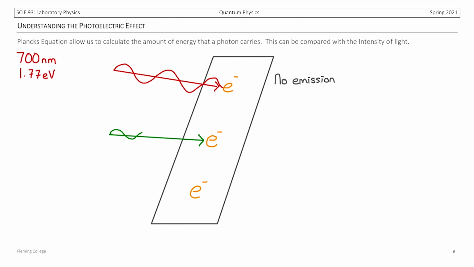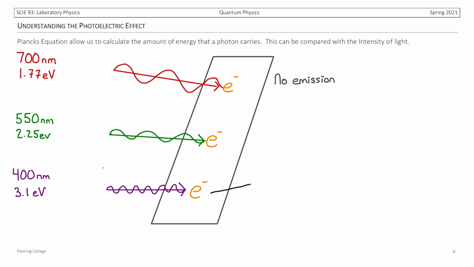But if we send light of other wavelengths, let's consider 550 nanometers and 400 nanometers, so green and violet, we do see electrons leave this particular material. But when those electrons leave the material, we're not seeing kinetic energies or velocities that we would expect.